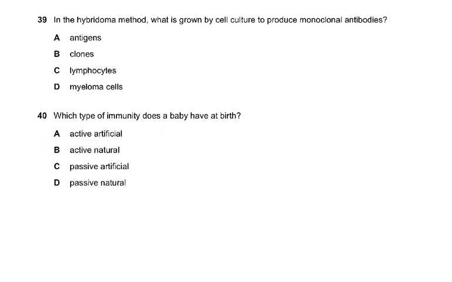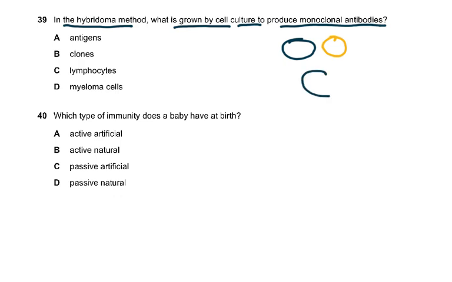Then coming on to question number 39. In the hybridoma method, what is grown by cell culture to produce monoclonal antibodies? Now, how were monoclonals made? You took the B cells, then you took the myeloma cells, then what did you get? You got hybridoma cells, and these hybridoma cells will actually produce the monoclonal antibodies. So what were you doing?